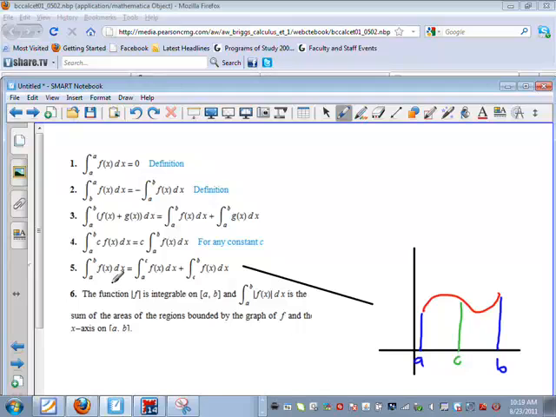When you look at the symbol, make it your own thing. You're thinking it's the area under the curve. That's what this symbol means. It's the net area.